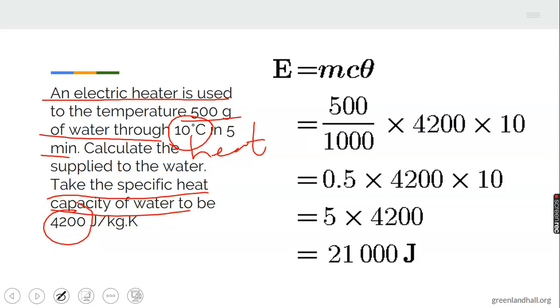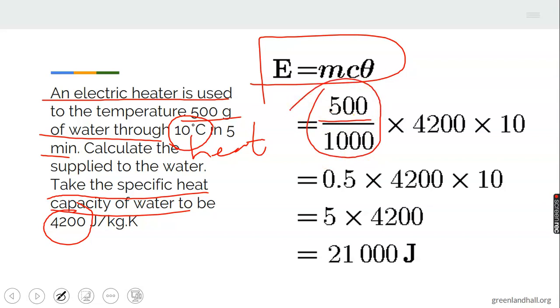Unless otherwise stated, the specific heat capacity of water is always 4,200 joules. Now, this is our formula to calculate it. Calculate the heat. We have been given our mass in grams, that is 500, divided by 1,000 to have your mass in kilogram, times the specific heat capacity times 10.